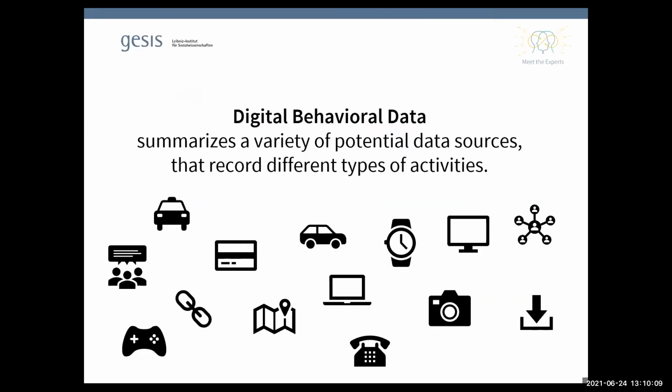There are many other digital devices or digital platforms that on the side collect certain types of digital behavioral data. So that's what we call this type of data.